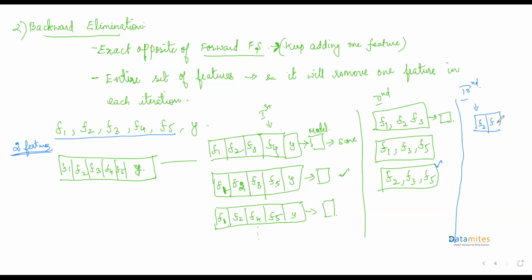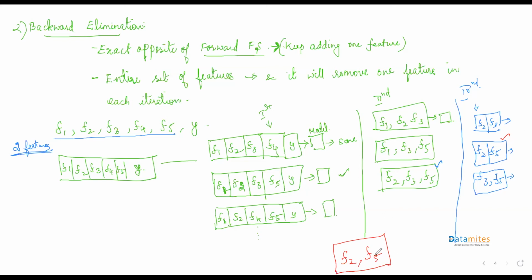So F2 and F3, then F2 and F5, F3 and F5. These are the possible combinations, right? And it will check which is giving a good score. Let's say we are getting a good score on this, then this will be the final subset of features to train the model. F2, F5 is going to be the optimal features to train the model.